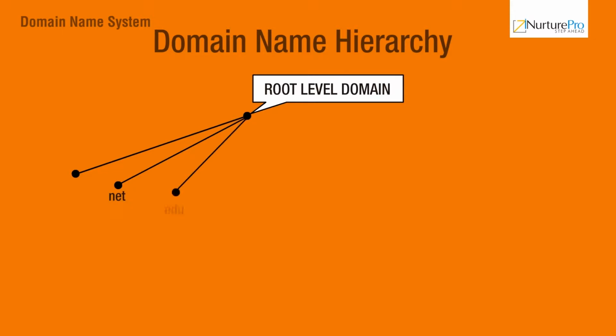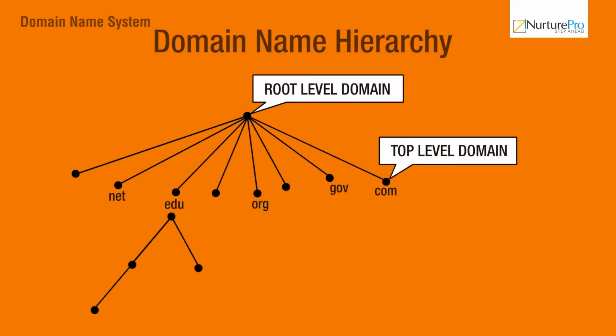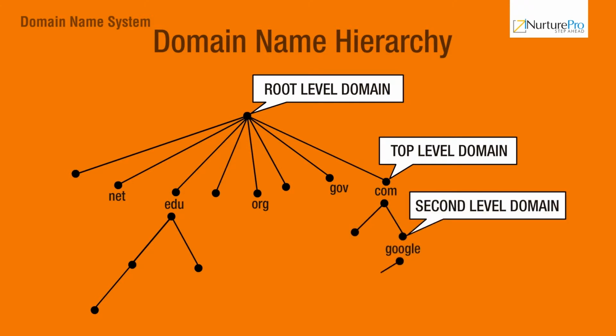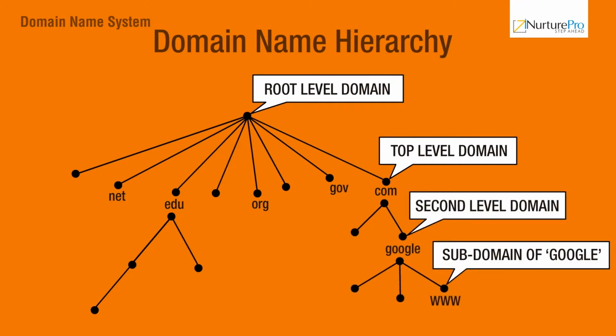In a DNS, domain names are organized as a hierarchical and logical tree structure. This tree structure of a DNS is known as the DNS namespace. The domain name hierarchy has a unique root and numerous subdomains. Consider an example of www.google.com.